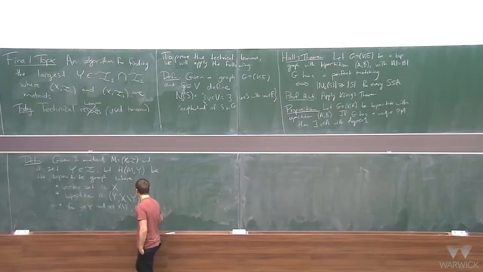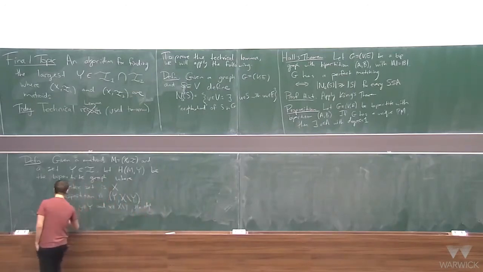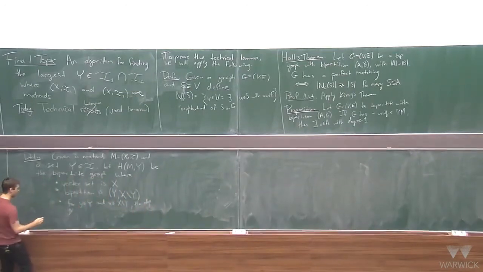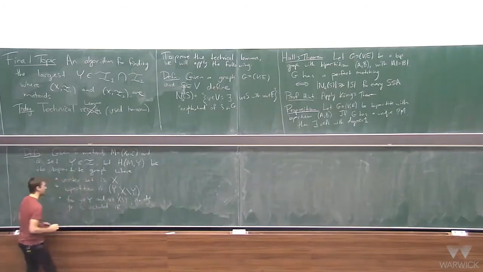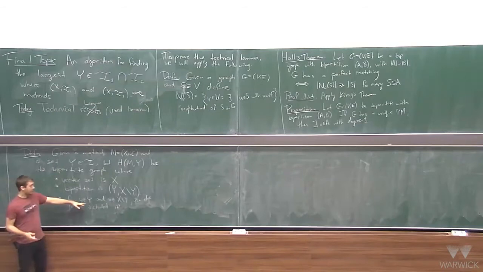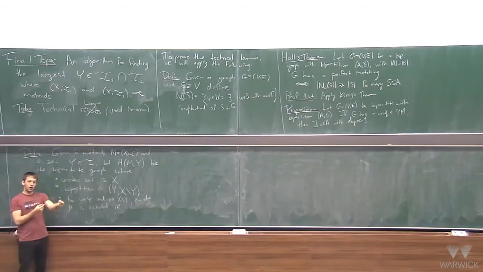So the edge from y to x is included in the graph if, remember, Y is an independent set, right? The condition for containing this edge is that if I take the set Y and I swap out the element y, so I delete y and I add in x, this maintains independence.